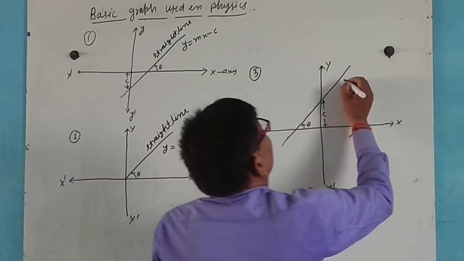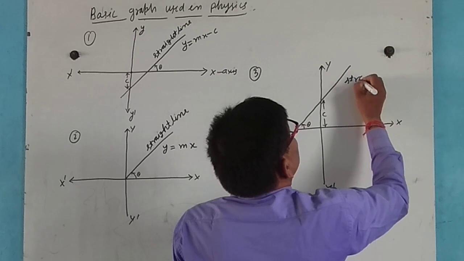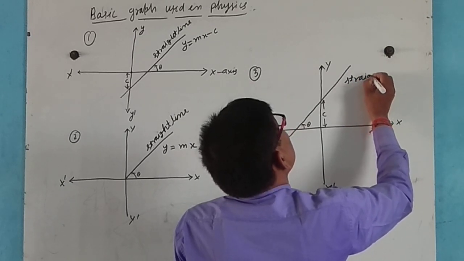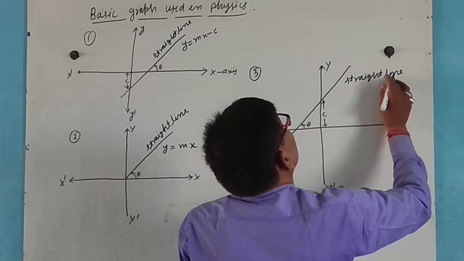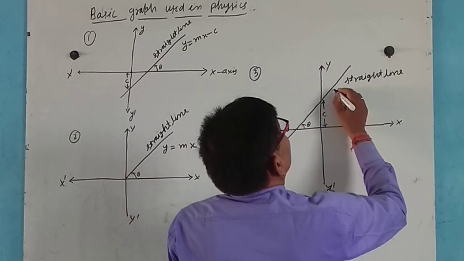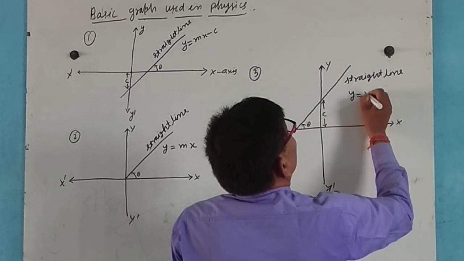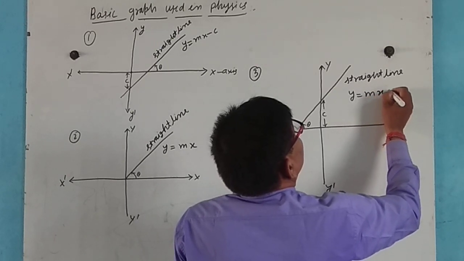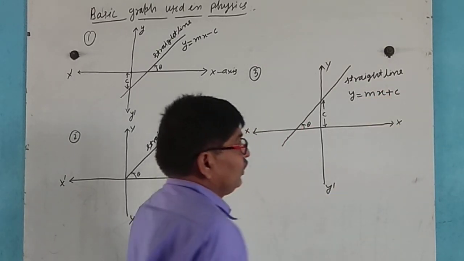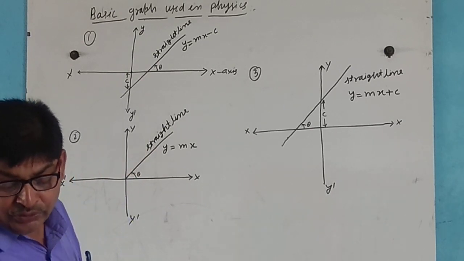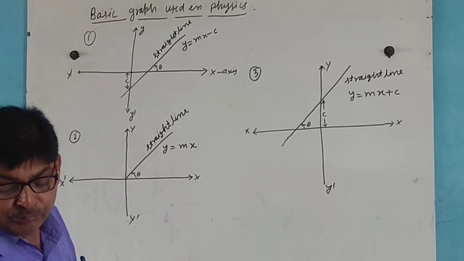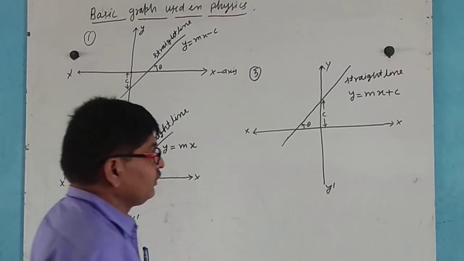So this is also a straight line. The equation of this line is y is equal to mx plus c, and m is equal to tan theta.